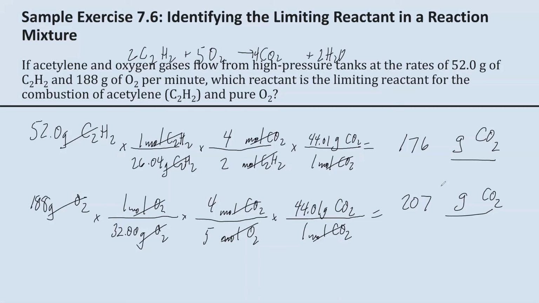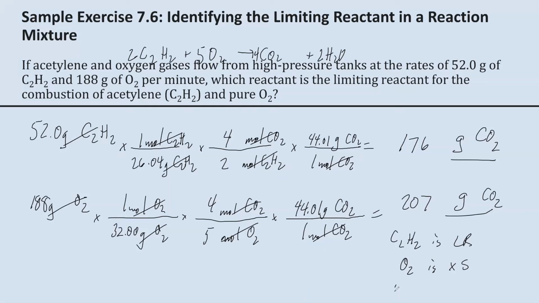So important things to know here. Based on this result, we are getting less carbon dioxide with the acetylene than with the oxygen. So that means that our acetylene is the limiting reactant. It also means that the oxygen is our excess reactant.